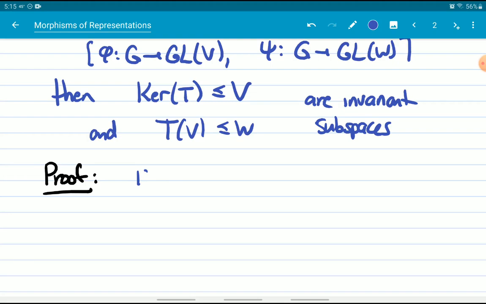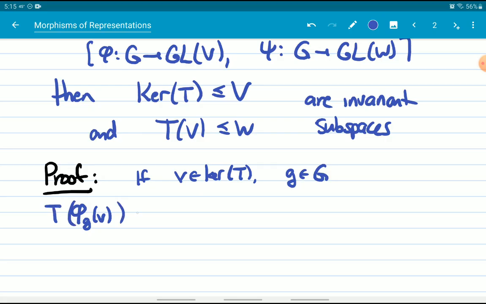Let's do the kernel. If I have a vector v in the kernel of T and I have an element g of the group G, then if I form phi_g of v and then apply T, well, because T is a morphism, this is the same as psi_g of T of v, but v is in the kernel, so that's 0.